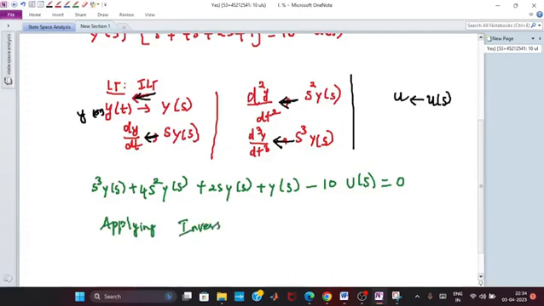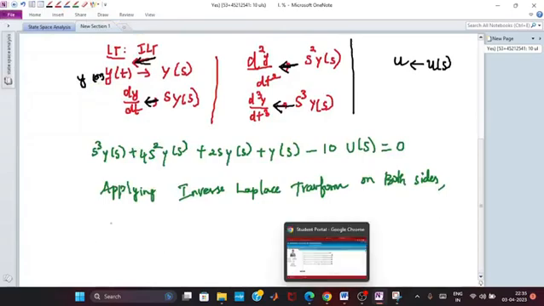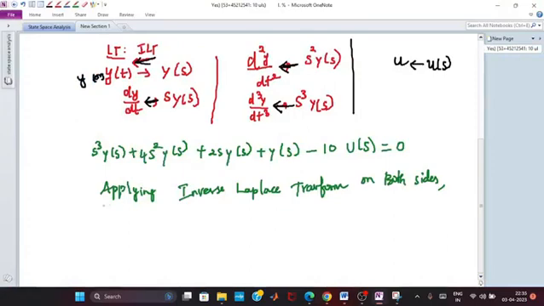Just now I have told you the inverse Laplace transform of s cube into Y(s): it is d cube y divided by dt cube.